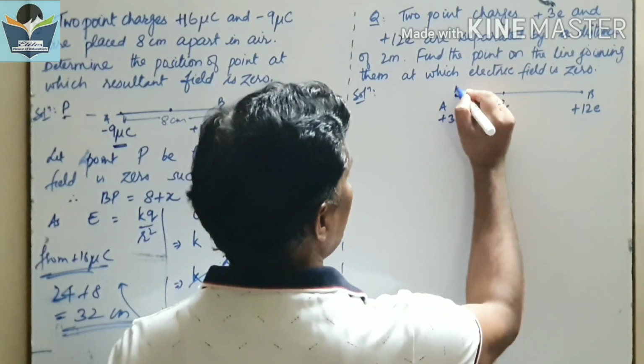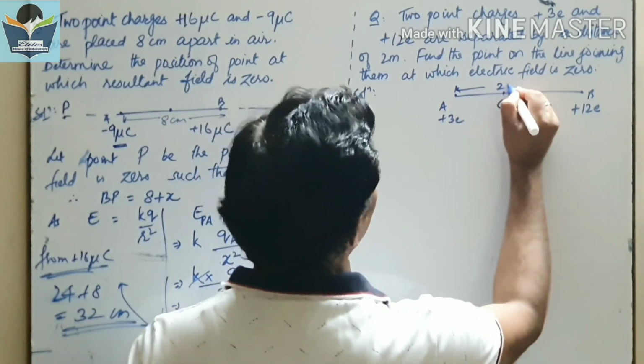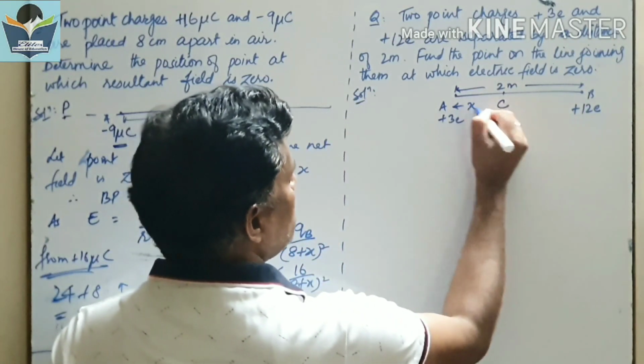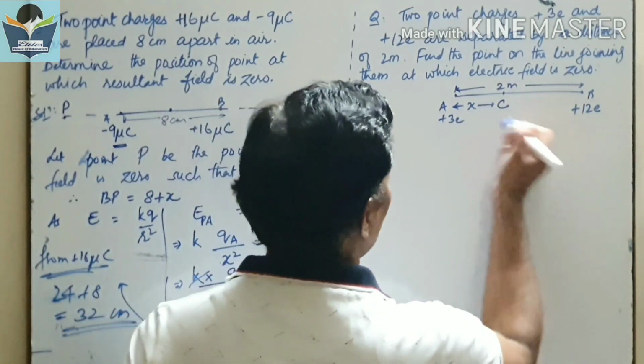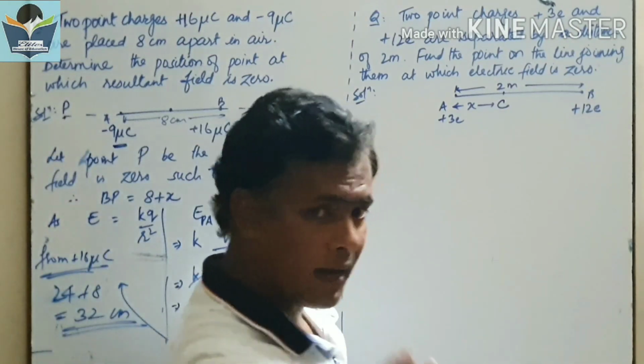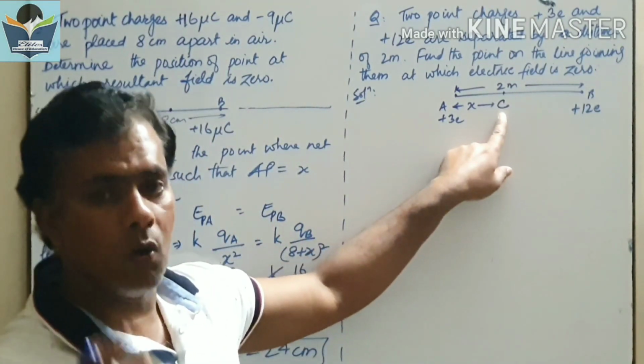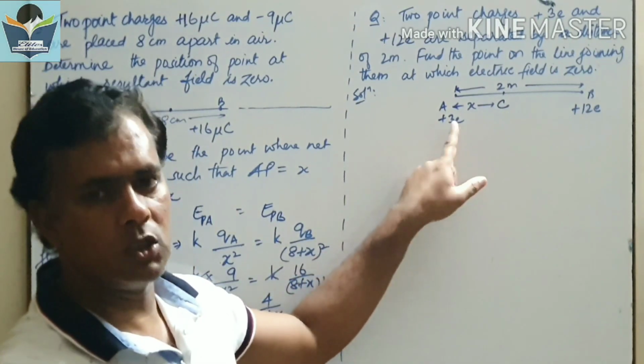The distance between A and B is given to you as 2 meter. We take this distance of C as x from A. Again I am stressing that the balance point will be closer to the smaller charge.